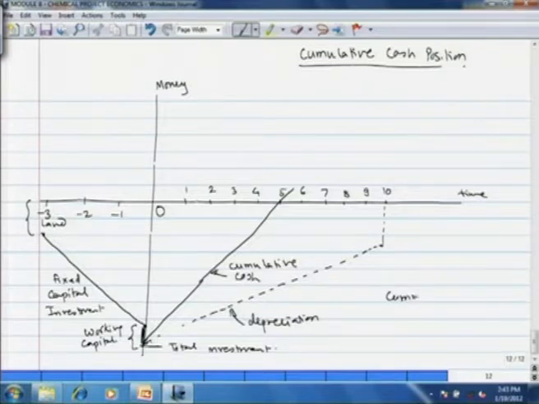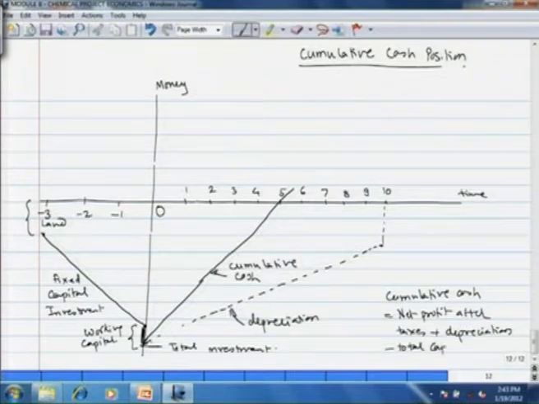Cumulative cash includes the net profit after taxes plus depreciation, and then minus total capital investment, because we want to recover the invested money. So, the cumulative cash position grows, and then at a certain time that cumulative cash becomes equal to 0, which means the entire money has been recovered.